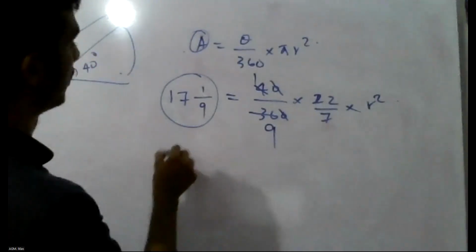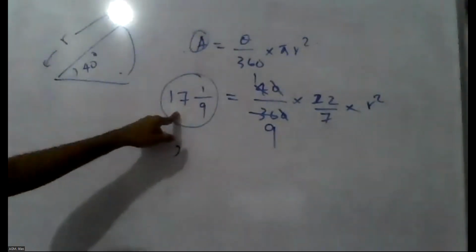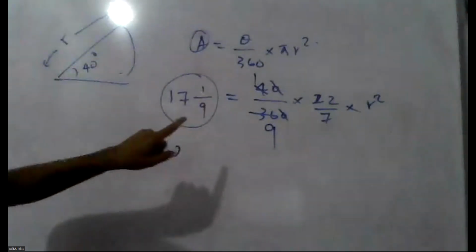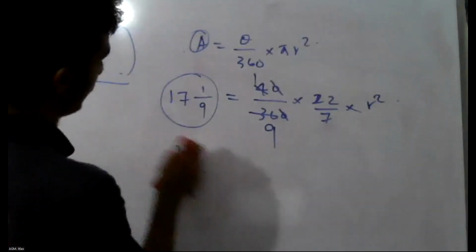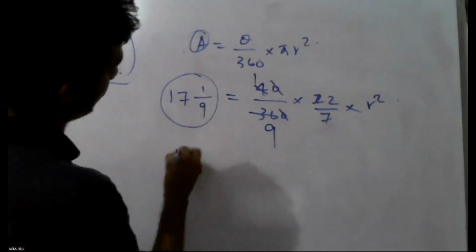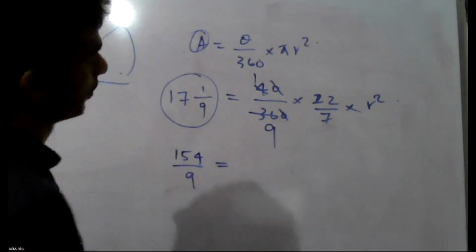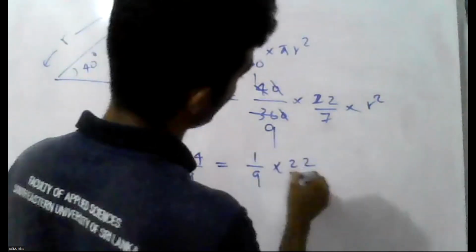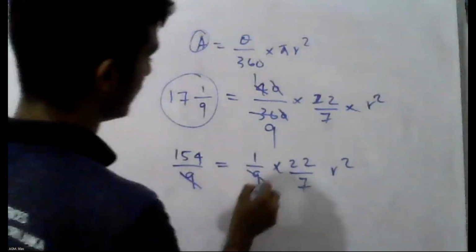Here 153 plus 1, 154 by 9. 154 by 9 is equal to 1 by 9 into 22 by 7 into r square. Here I can eliminate this 9 and this 7.